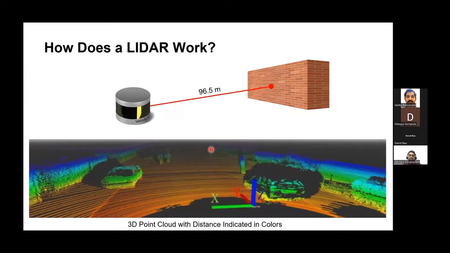What you see at the bottom is a sample of a 3D point cloud. In terms of resolution, these point clouds are not as good as cameras, but they are good enough. You see some pedestrians here, some vehicles, and so on.